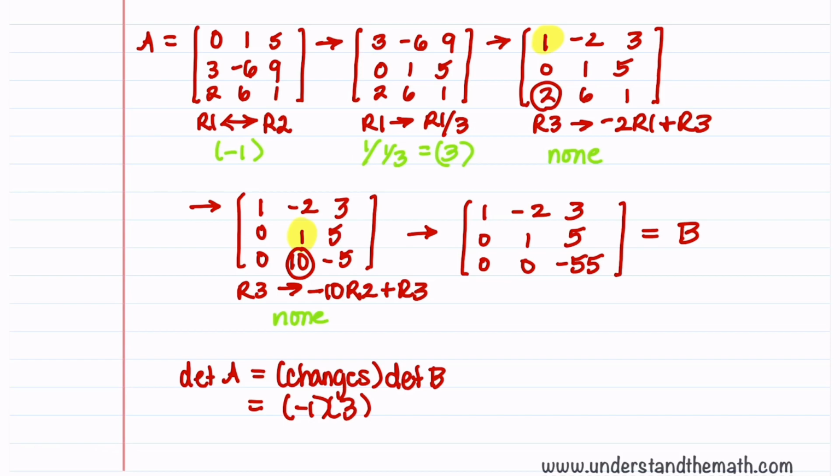We don't put any down for the ones that are no change. We then find determinant B, and that is equal to the product of the entries along the main diagonal. This gives us a -3 times a -55, giving us an answer of 165.